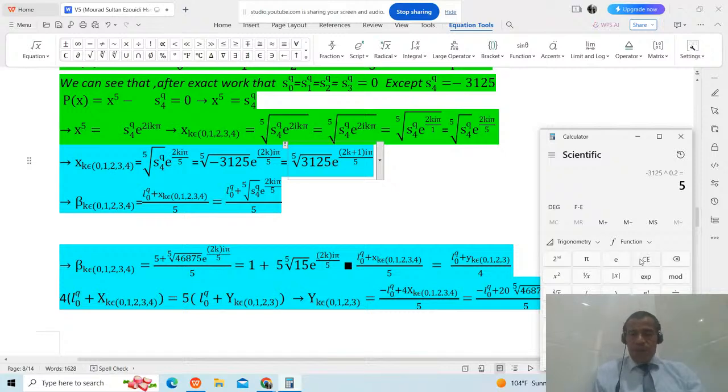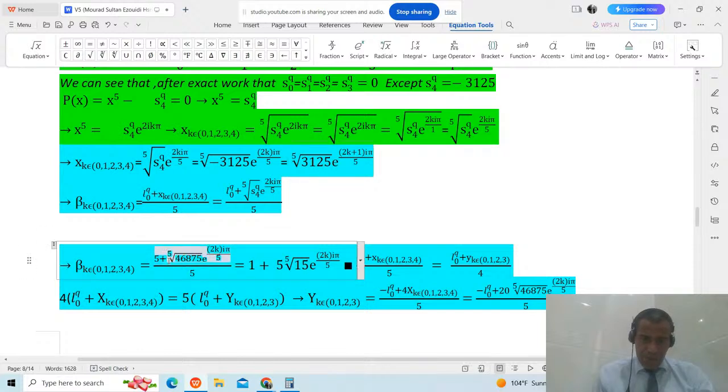Just a moment. 3125 divided by 5 cubed, 5 to the power 5, is 1. Okay, correct. Therefore, this one plus, I will just write it as that. It will be 5, and this one, no need, because it gives you 1.